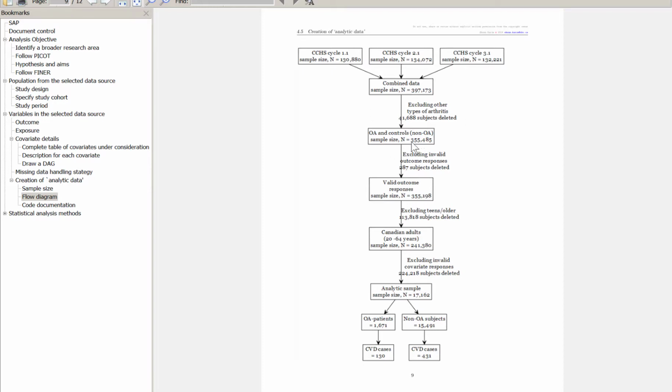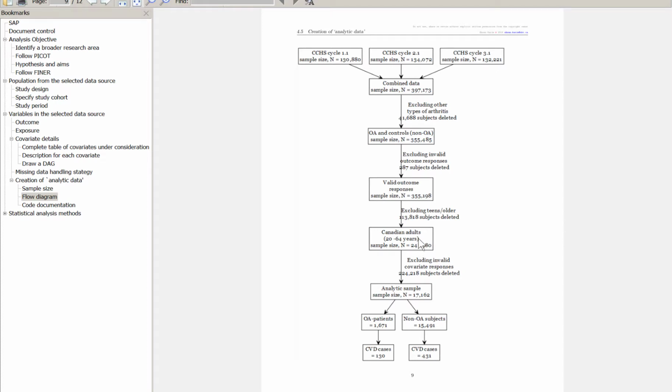And then I list what is the exact sample size, and then I have excluded the subjects where the outcome had any missing value, and that led me to some additional new sample size. And then I chose not to keep any teens.